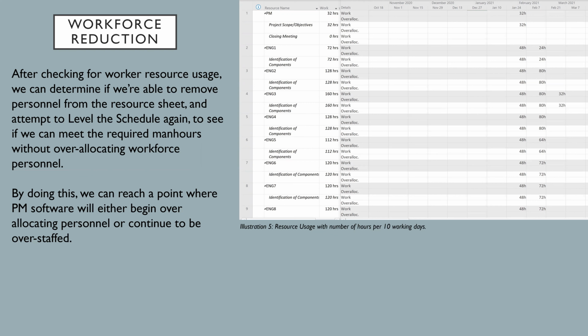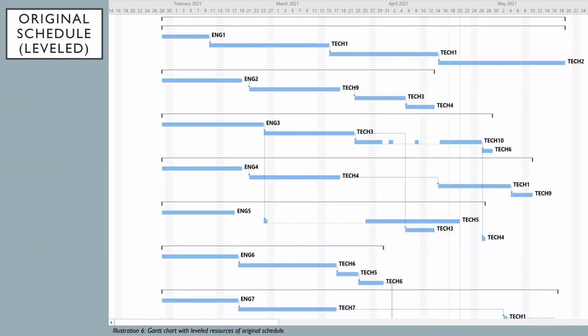And so that's why we either remove personnel or add personnel to attempt to reach a point where we're near capacity. But we don't want to be overstaffed and we don't want to be understaffed because both have excess costs associated with them. So this is the original schedule that's leveled.